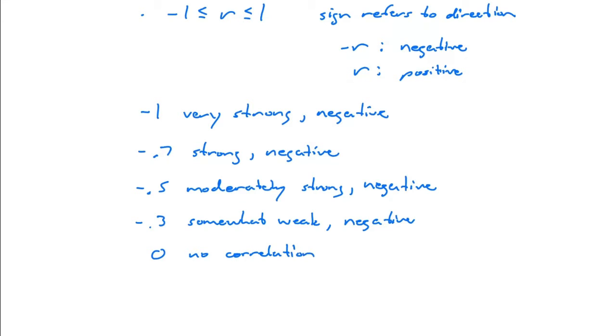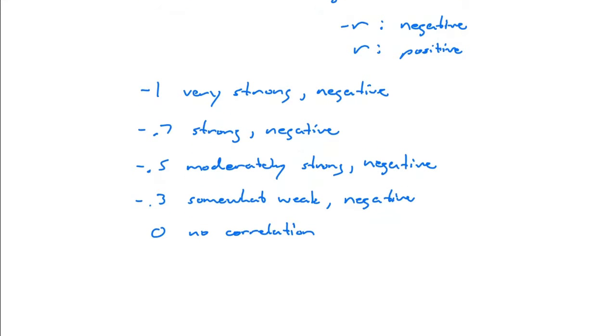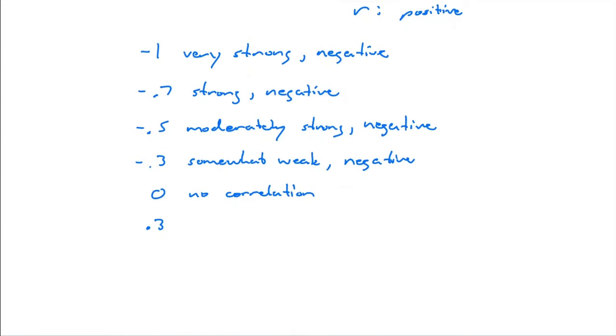All right. Now, as we continue positive, then if I think of like 0.3, positive 0.3. It's the same as the above, right? So 0.3, 0.5, 0.7, and 1. I'm just going to write same as above, but positive, right?